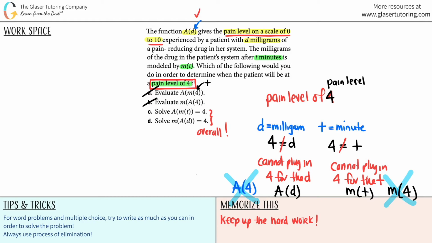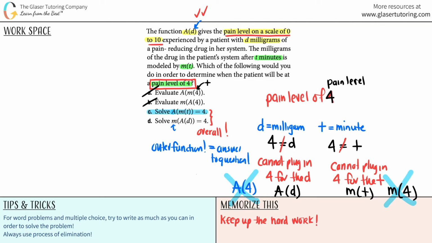It's the A function that goes with pain level. It says it right here: A of D gives the pain level, and that's what we're solving for. So that has to be the outer function. The outer function is always the answer to the question. So I know that A has to be on the outside and not M. M is talking about the time, but they want to know the overall pain level. So outside has to go with outside. So the answer here would be C.